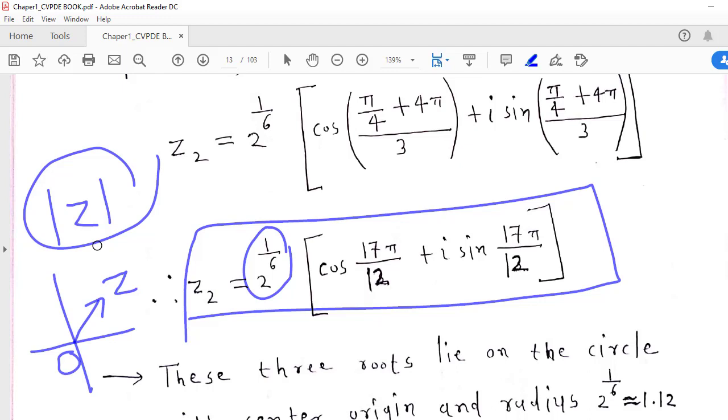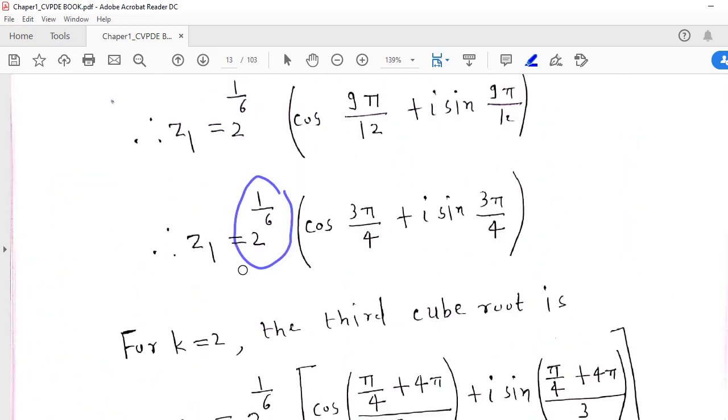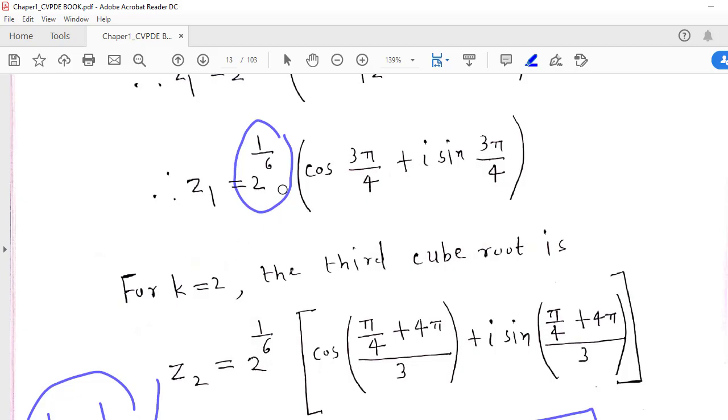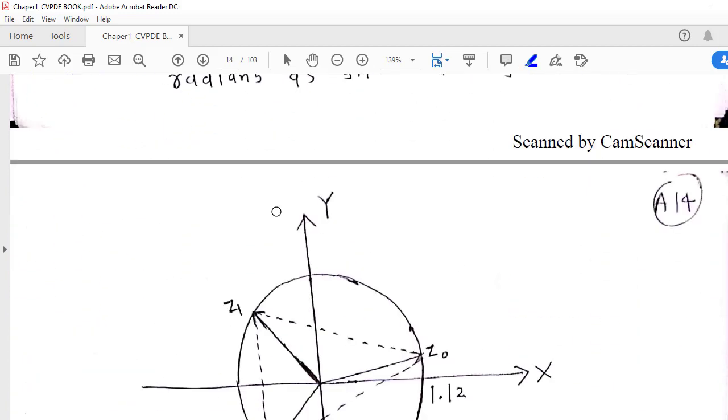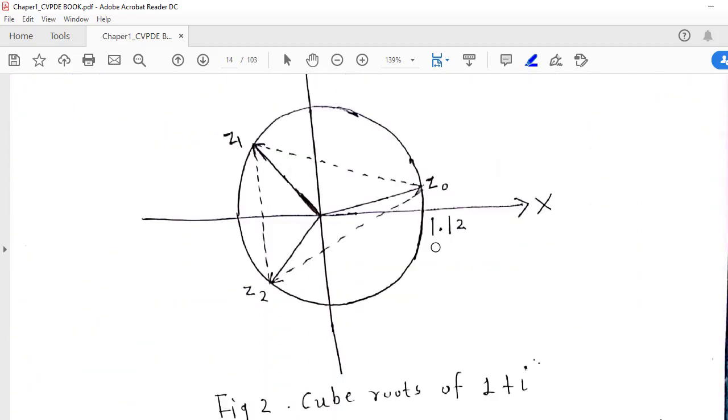The answer is obviously a circle. So all the roots are on the circle of radius 2 raised to 1 by 6. If you find out 2 raised to 1 by 6, it is approximately 1.12. So all the roots are on the circle of radius 1.12 and center origin.